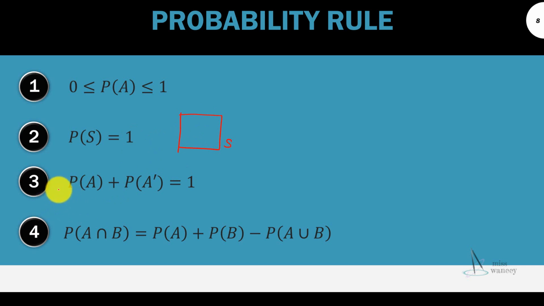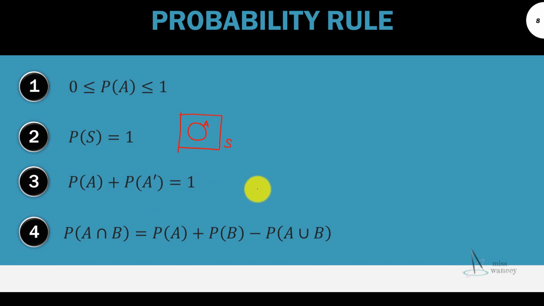And then the third one, probability of A and probability of A prime or A complement is actually equal to 1. So sometimes inside here we might have a set called A. So A prime or A complement is something that is not A, so outside of A. So probability of A plus probability outside of A, everything is actually inside our big sample space, therefore that is equal to 1.